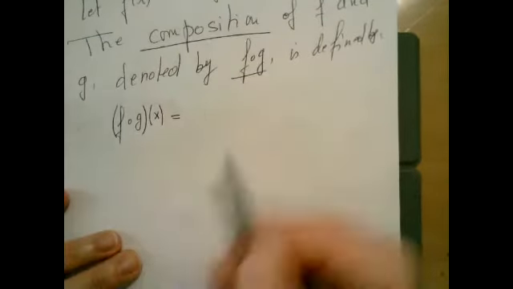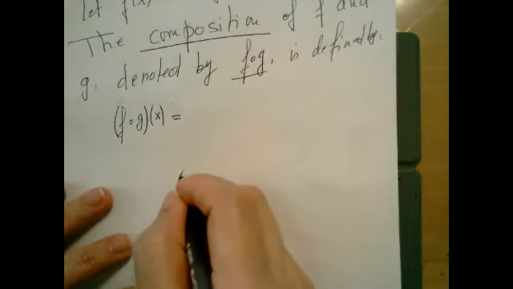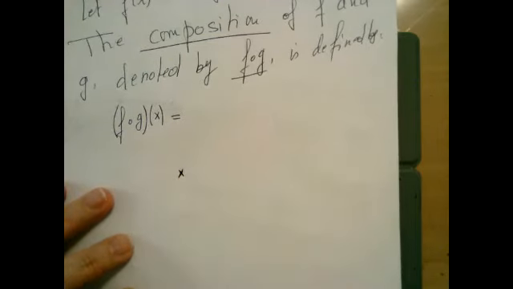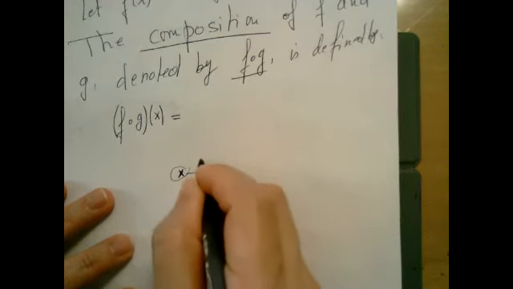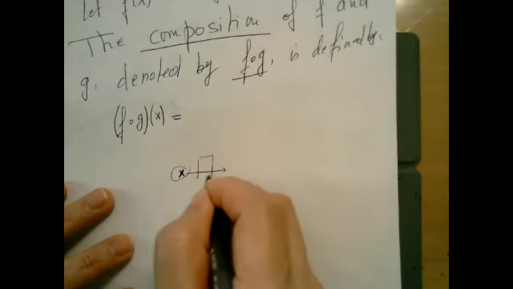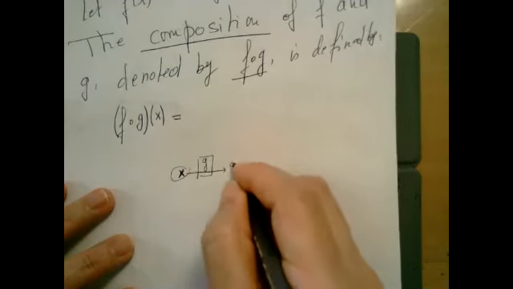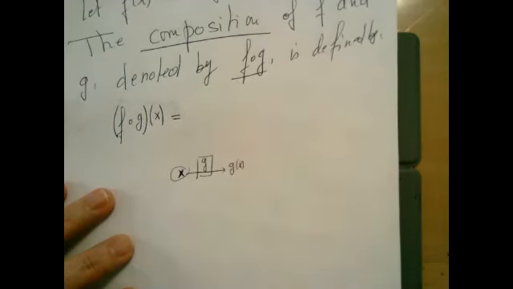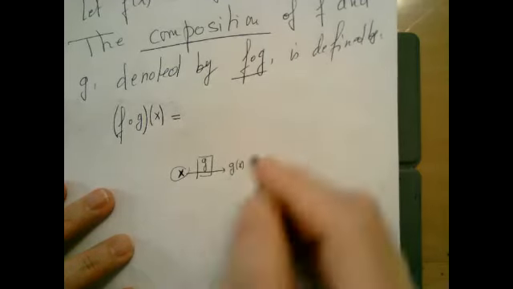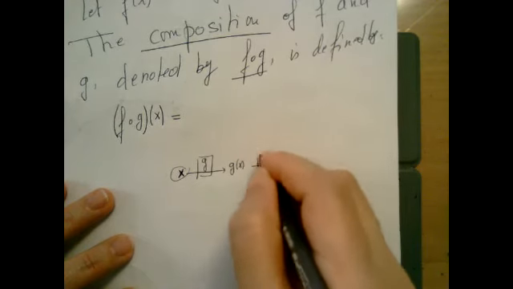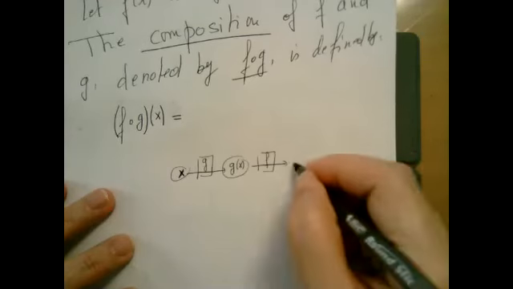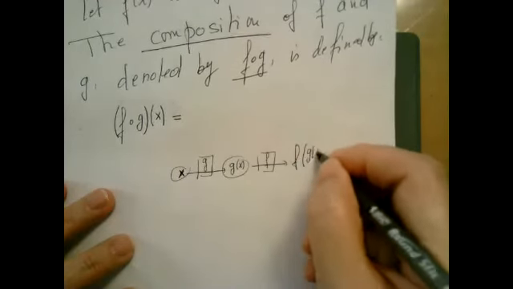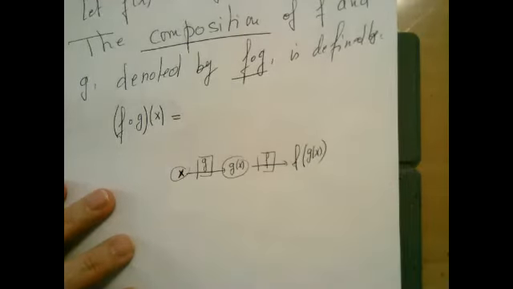That's the picture, and then I will do the notation. You start with an x. That's how it's going to be defined. That's my input. Then you let g act on it, and you get g of x. Then you take g of x and let f act on it, and you get f of g of x. That's how the rule works.